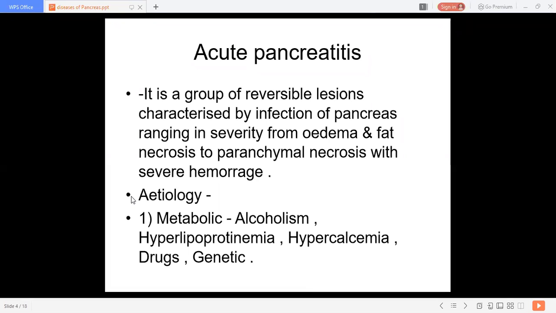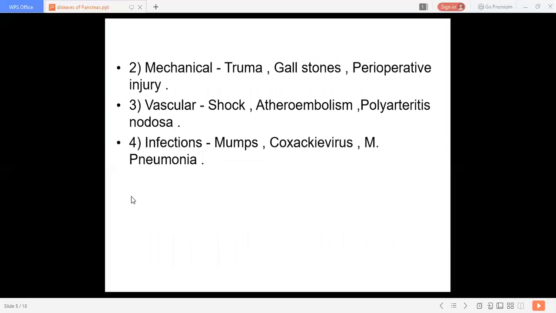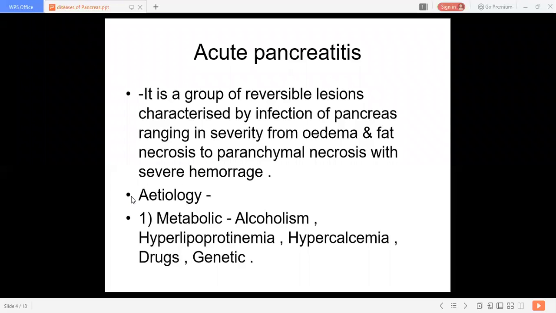These etiological factors are divided into 4 groups: metabolic causes, mechanical causes, vascular causes and infectious causes. Now, what are the metabolic causes?